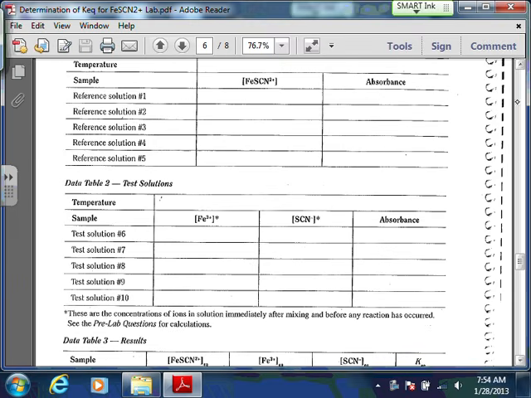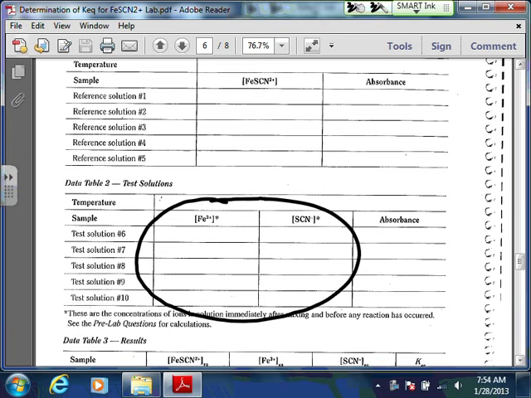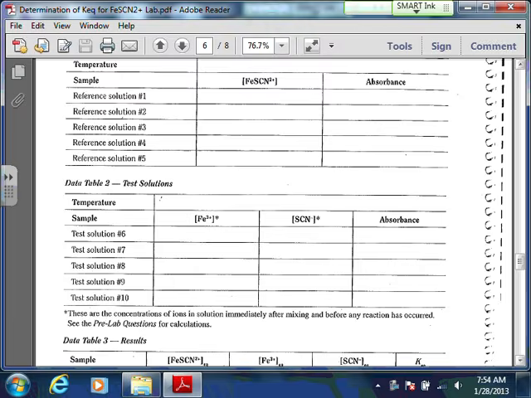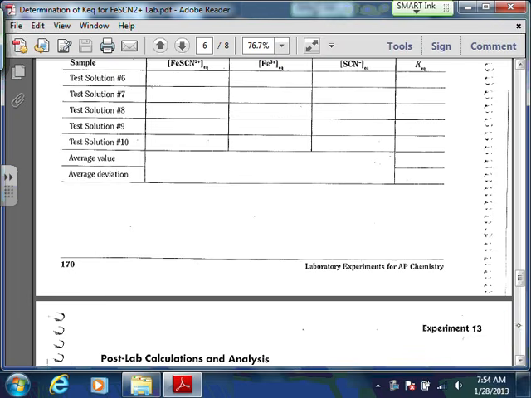So back up here, we have the initial concentration at the very beginning of the Fe3+ and the FeSCN-, okay? So once we have that, we can come back down here, okay?